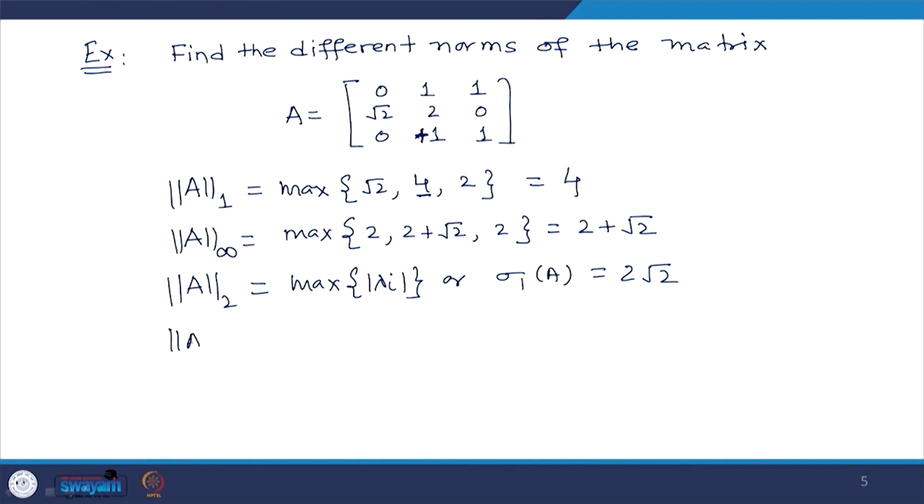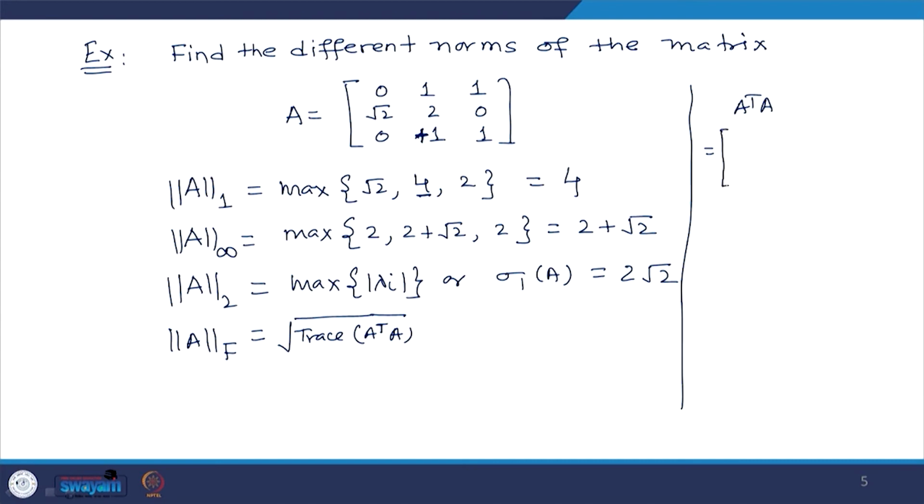Now, if I talk about the Frobenius norm, it will be the square root of the trace of A transpose A. So, let us first calculate A transpose A. A transpose A equals the matrix with rows 0 1 1, root 2 2 0, and 0 1 1, times A, which is 0 1 1, root 2 2 0, and 0 1 1.